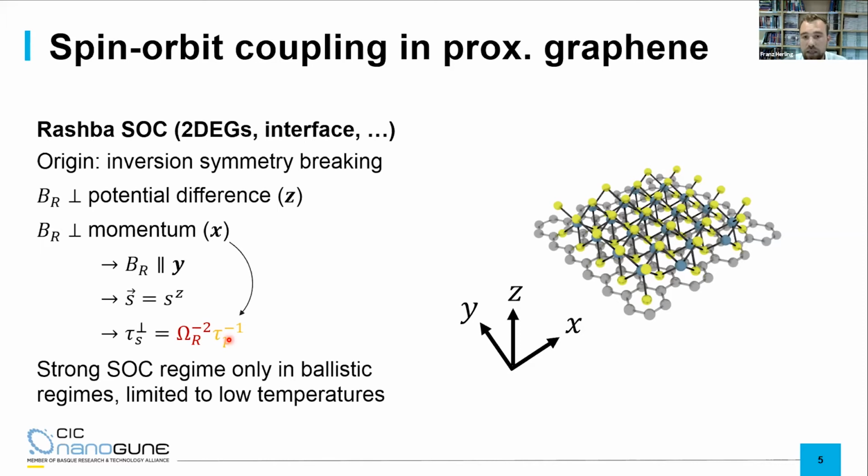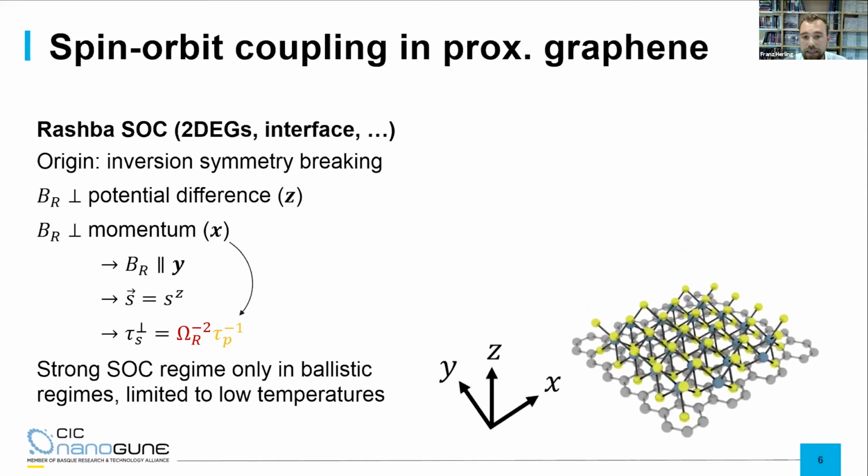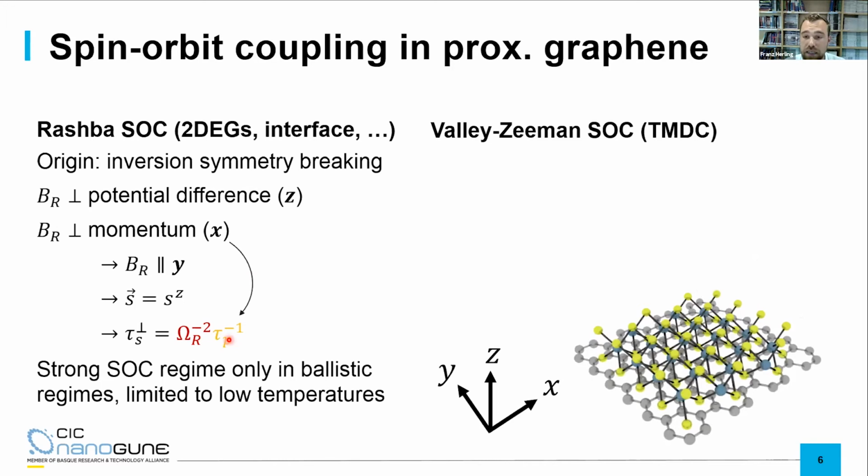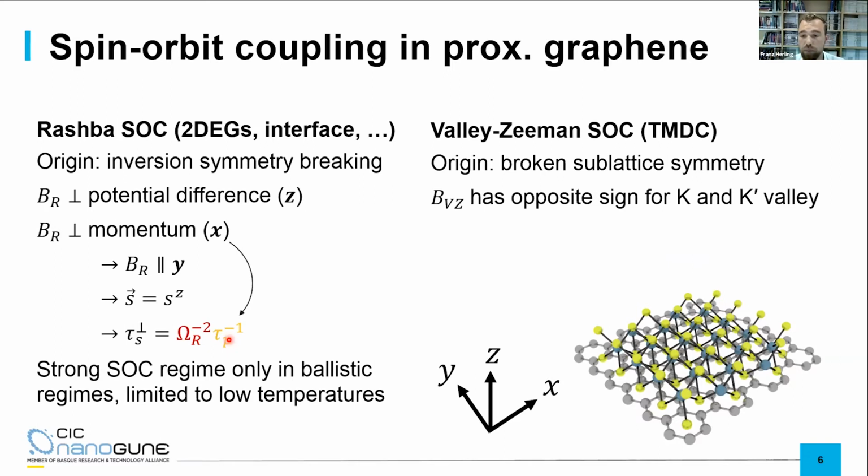However, the second spin orbit coupling that we have in proximitized graphene is the valley-Zeeman spin orbit coupling from the TMDC. Its origin is the broken sublattice symmetry due to the stoichiometry of the TMDC. It has an opposite sign for the K and K prime valley, and it's parallel to Z. So it will make the spin that is in plane precess.